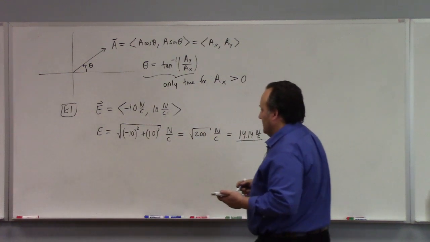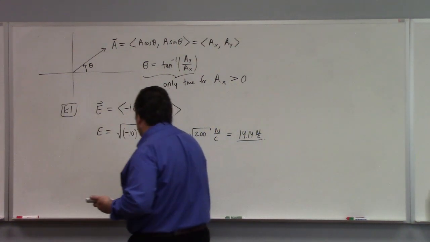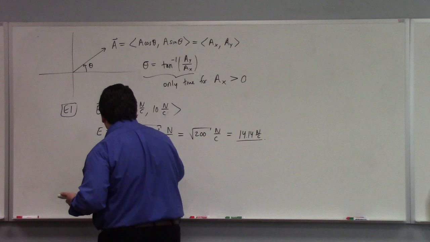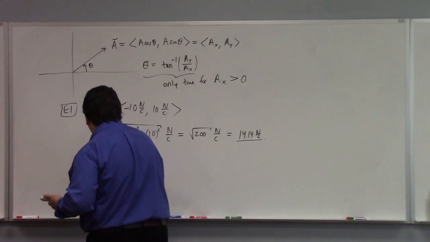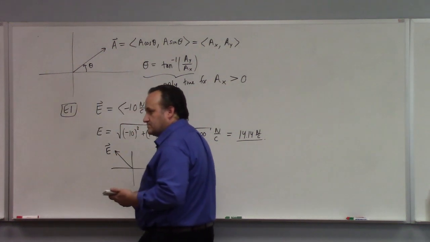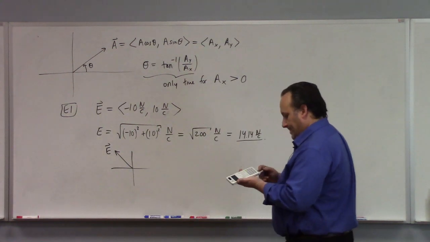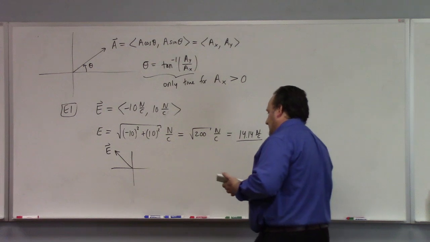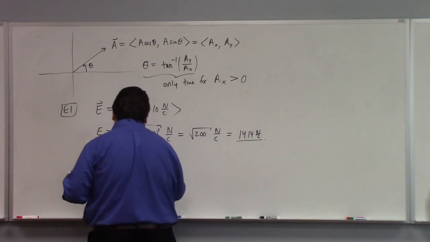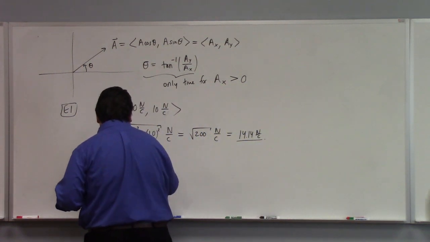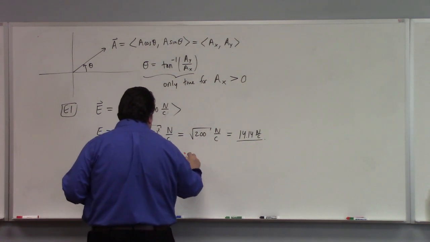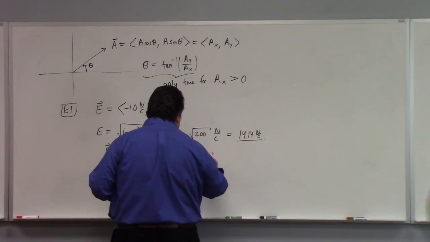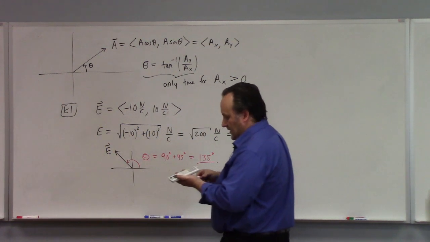That doesn't always work. If I picture this electric field, it goes to the left and up. Couldn't you just do 90 plus 45? Exactly, that's what I would do. I wouldn't even pick up a calculator. Theta is 90 degrees plus 45 degrees. So in my made up example, 135 degrees would be the standard angle here.